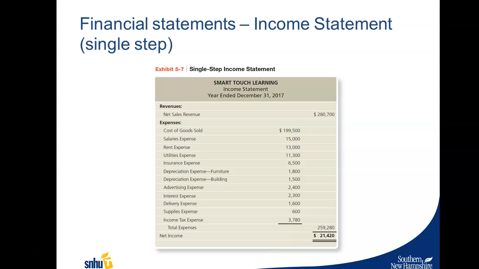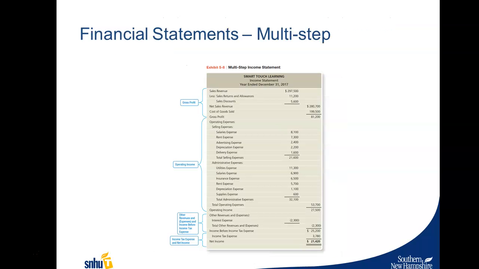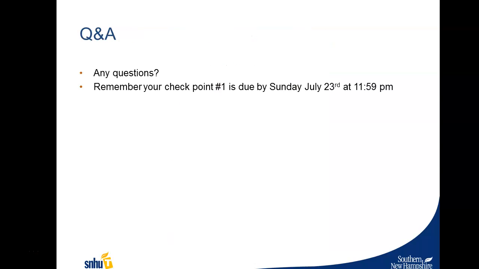It's just those types of entries that are a little bit different, which is why we're highlighting them here. This is giving you two types of income statement, a multi-step income statement and a single-step income statement. A multi-step is going to be grouping items in different areas: operating expenses, administrative expenses, and it gives you your operating income, and then you have your below-the-line items, which are your interest expense, our non-operating expenses and income.